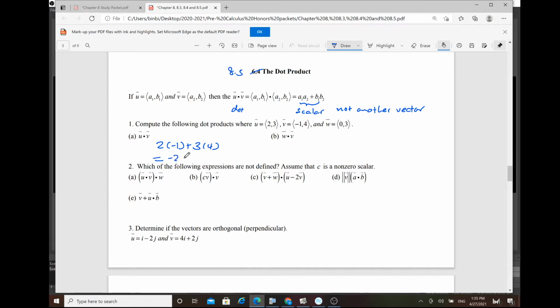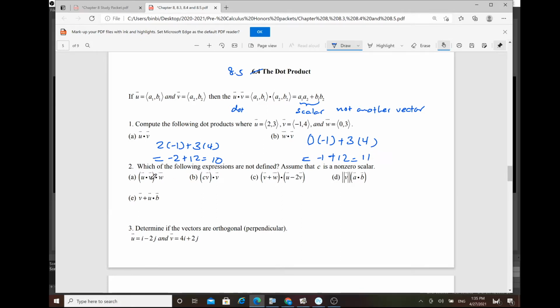So negative 2 plus 12 is 10, a scalar. Then w dot v, so (0, 3) dot v: 0 times negative 1 plus 3 times 4, which is 12.